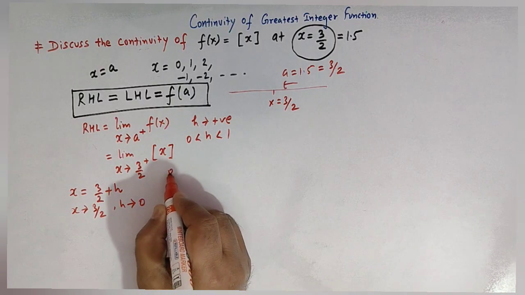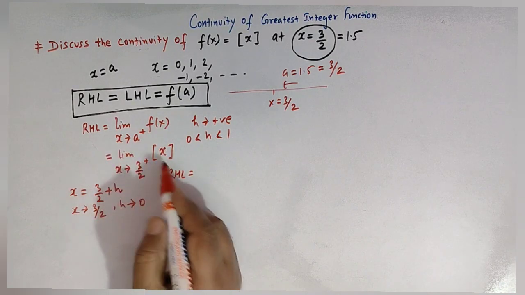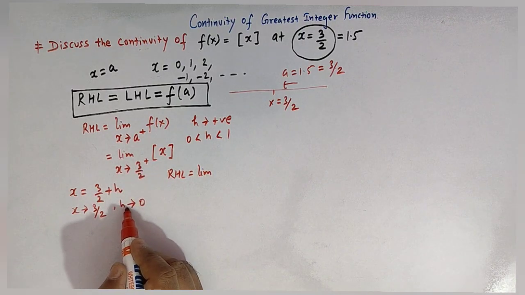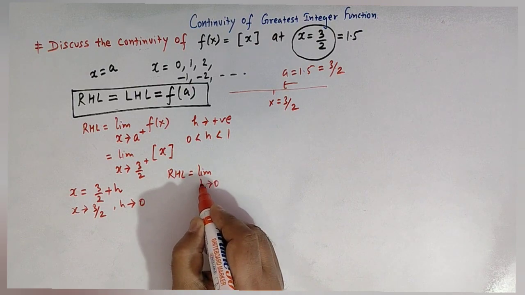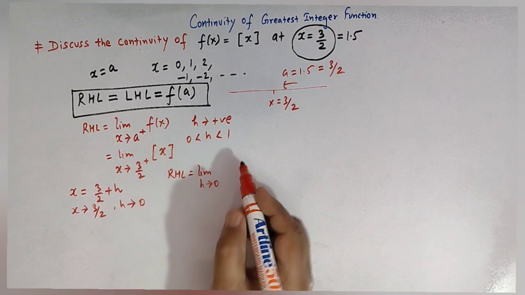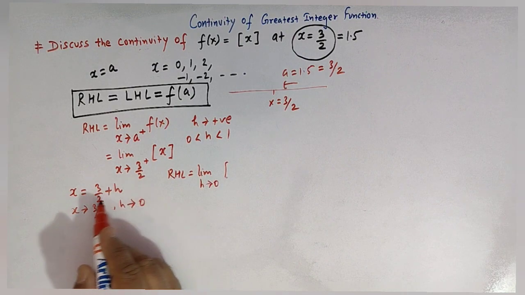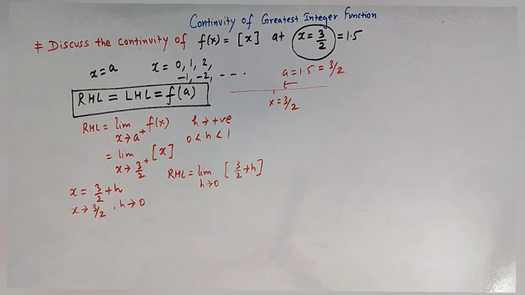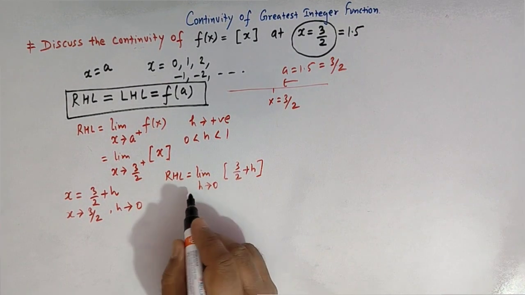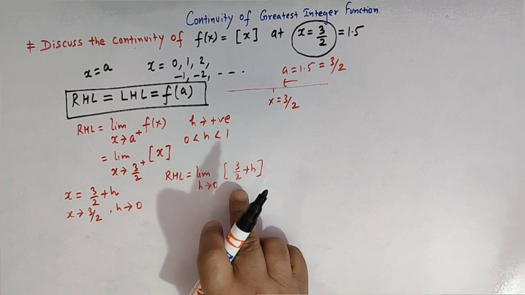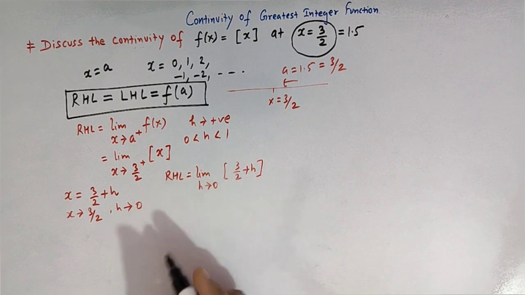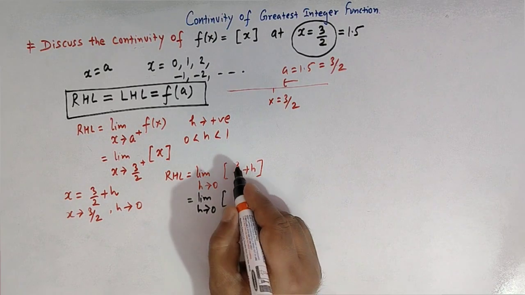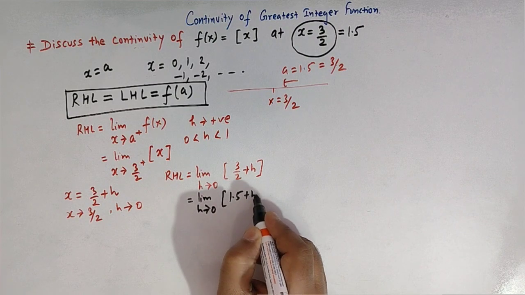So the right hand limit can be written as the limit h tends to 0 of the greatest integer of 3 by 2 plus h. Now let us write its value: the limit h tends to 0 of the greatest integer of 1.5 plus h.